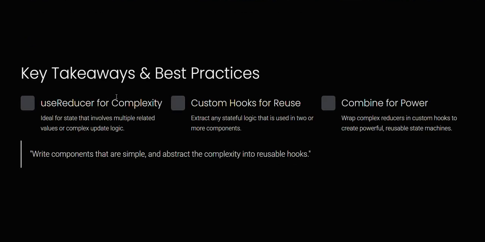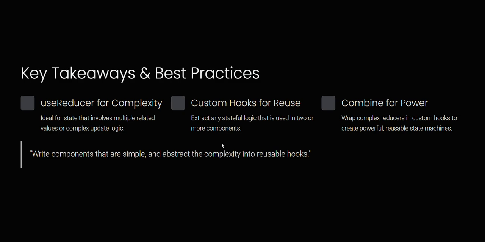So let us discuss key takeaways and best practices. useReducer for complexity: reach for it when your state involves multiple related pieces or when your updates depend on the previous state. Custom hooks for reuse: use them to DRY up your code.